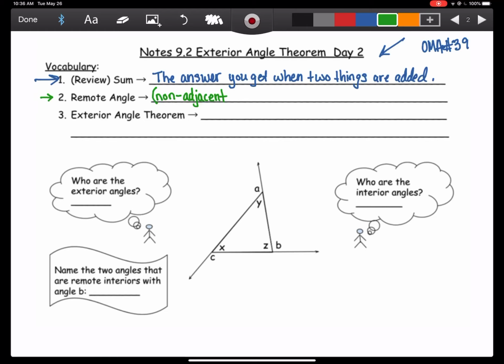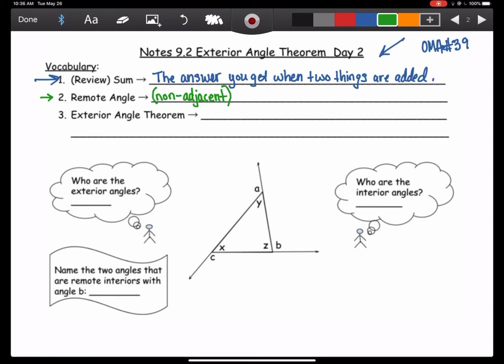So my point is, you use a remote to turn your TV on. The idea of a remote is that it allows you to do something from far away. That's the physical remote, the technology remote, right? But you and I are remote because you're learning remotely and I'm teaching remotely.